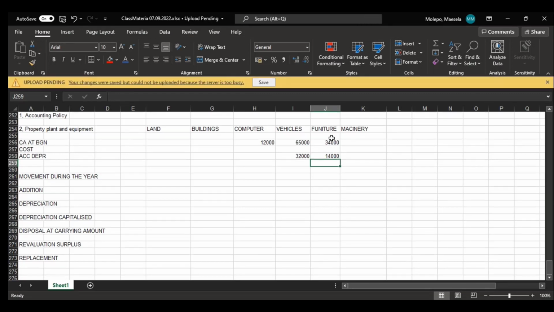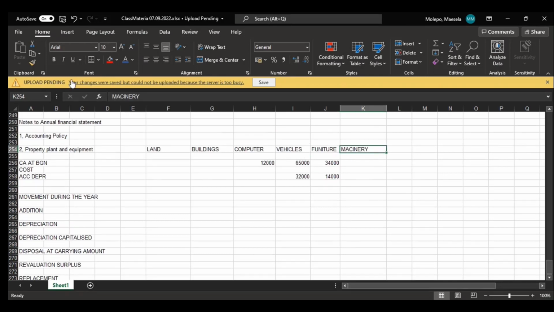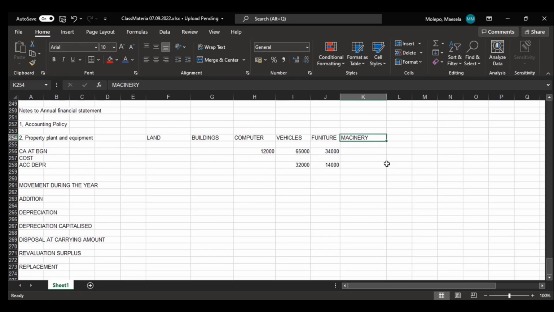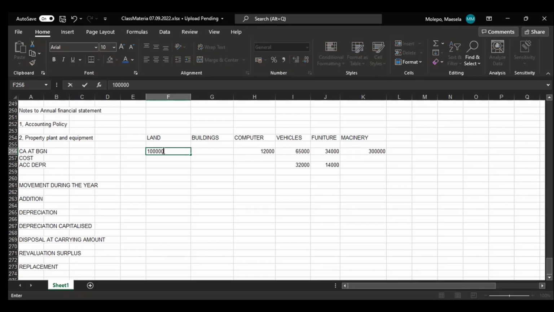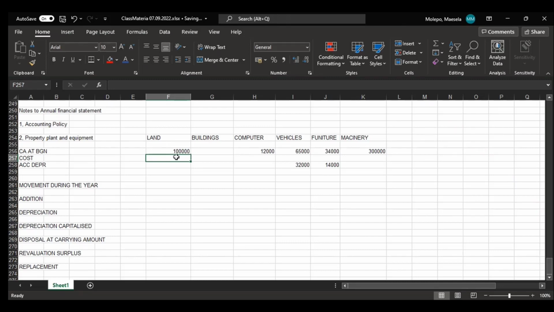And the carrying amount of machinery and plant is 300. And then we are given land and building, whereby land is 100. So we know it is at cost because it doesn't depreciate.